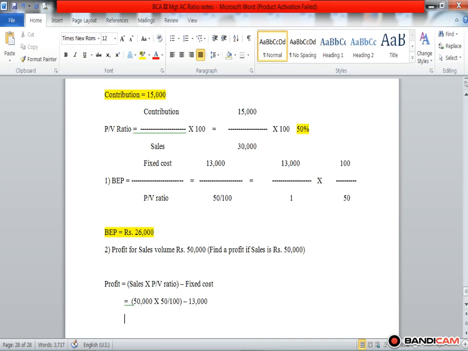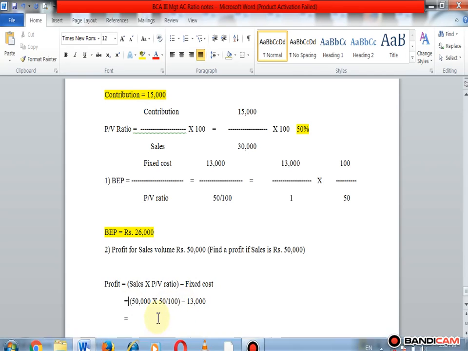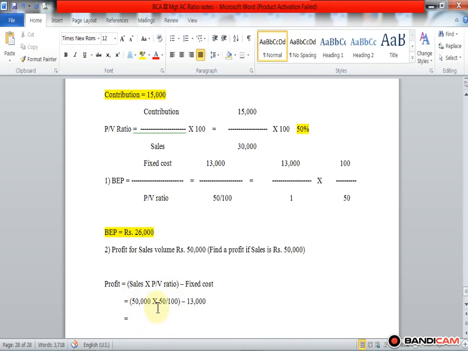So now calculate. First solve the bracket: 50,000 multiplied by 50 is 25 lakh. Then 25 lakh divided by 100.